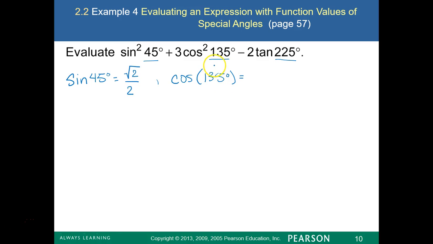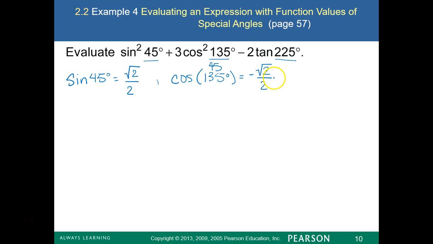The reference angle for this one is going to be 45. But remember, we are in the second quadrant, so cosine values in the second quadrant are going to be negative. So find the negative of cosine of 45. It's going to be square root of 2 over 2 again.